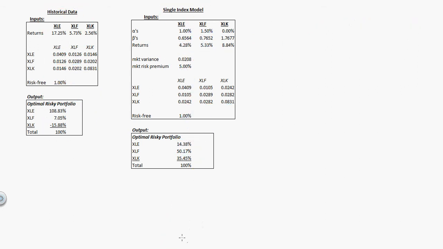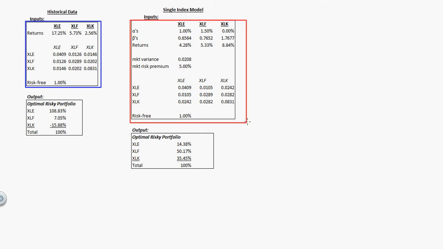So the final analysis here is this. You're going to have two different sets of inputs. Here are the inputs for a historical model. Here are the inputs for the single index model. And the optimization procedure is the same. We haven't talked about that yet. But you have the returns, you have the covariance matrix.